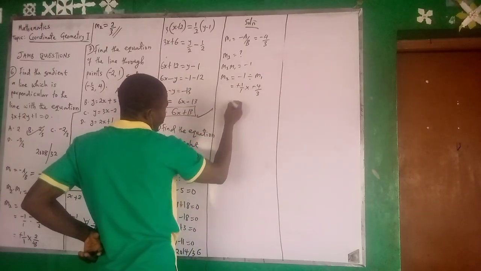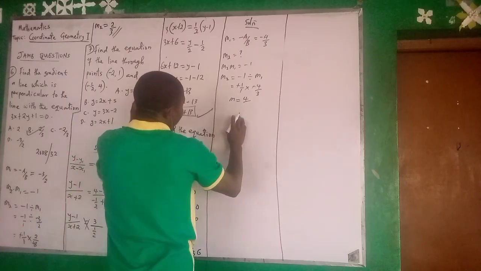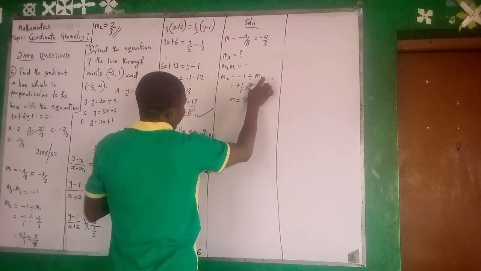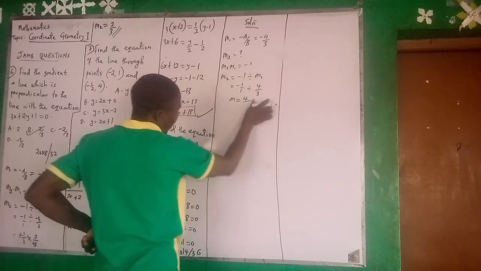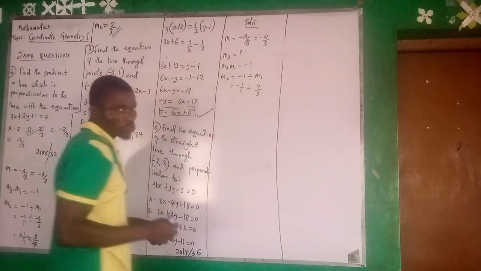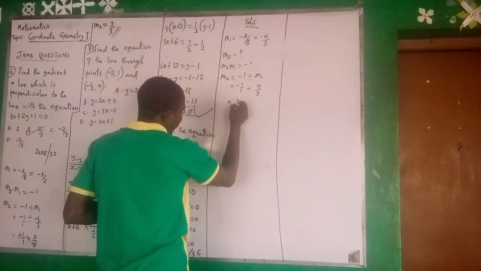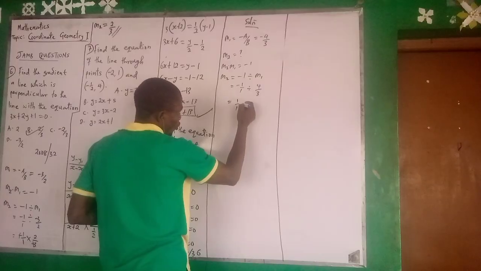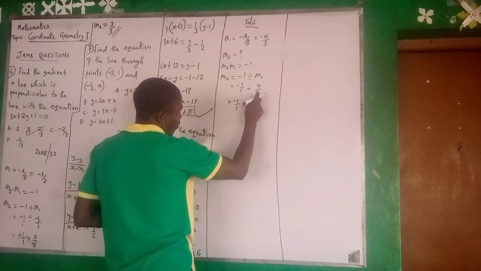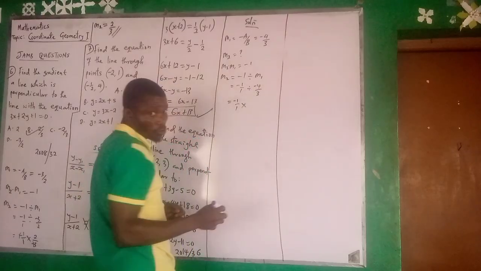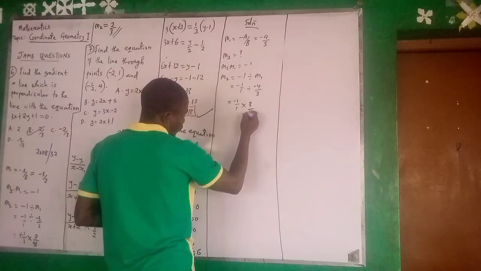That's a mistake, please. This is division, right? Turn division to times, so we flip: 3 will go up and minus 4 will come down.